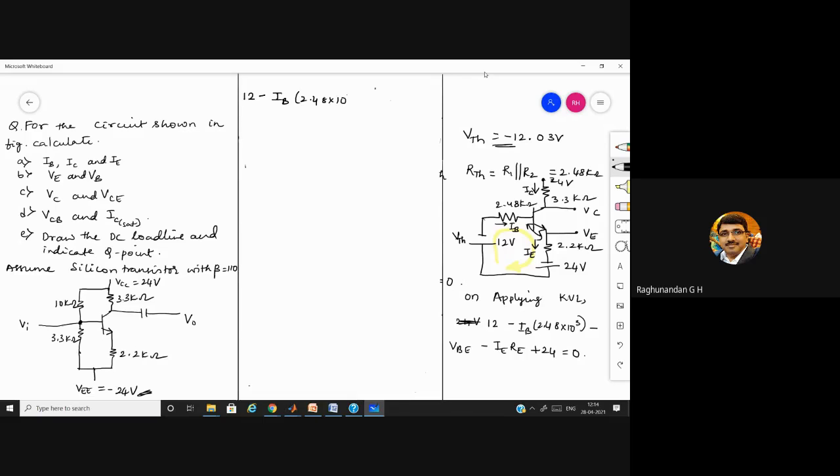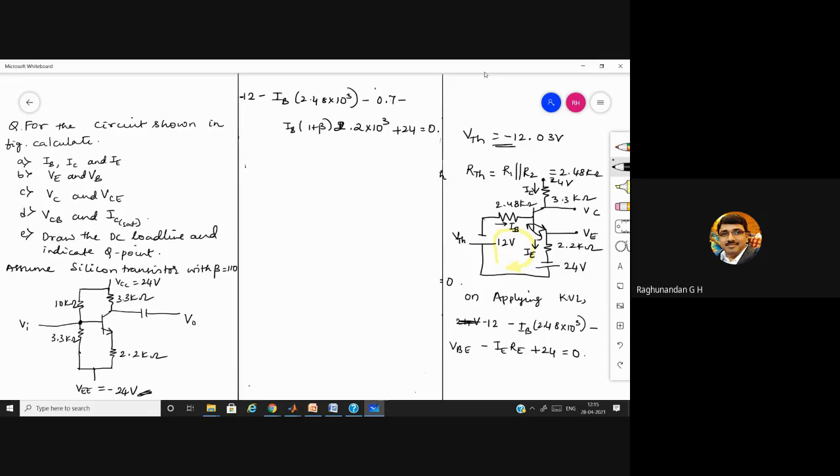2.48 into 10 to the power of 3 minus 0.7 minus IB into 1 plus beta into 2.2 into 10 to the power of 3 plus 24 is equal to 0. So now rearrange for IB. Sorry, this is minus 12, right?